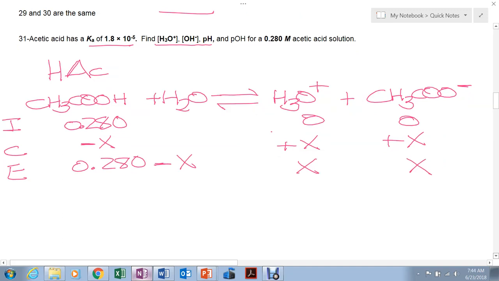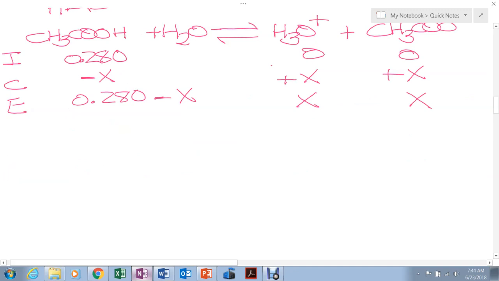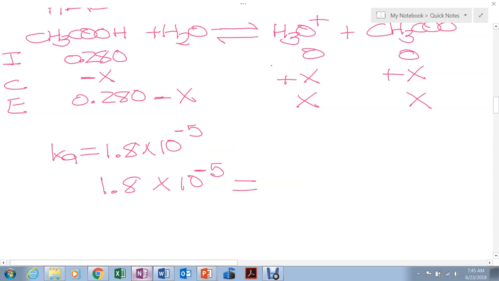So this is going to be Ka, and let's put the value, 1.8 times 10 to the negative 5, equals x squared divided by 0.280 minus x.